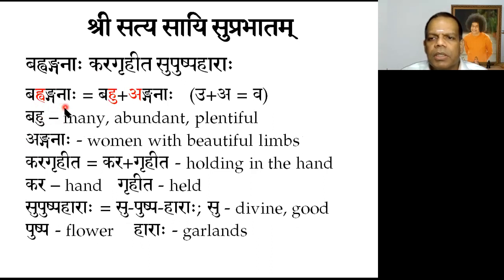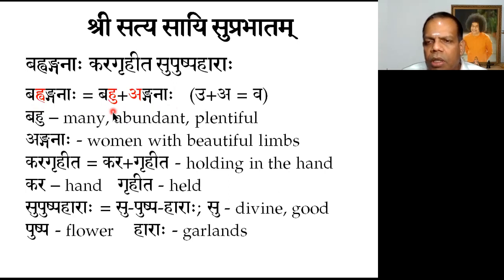We'll take the first word, which is Bhakvangana. Okay. It's a bit difficult compound word, I would say, for many people who are not used to it. It is made of two words. Again Sandhi comes into play. Bahu and Angana.